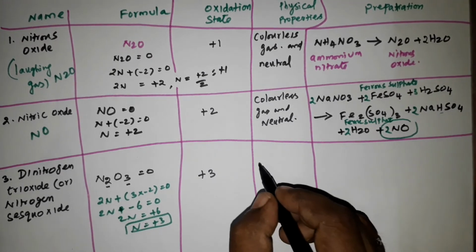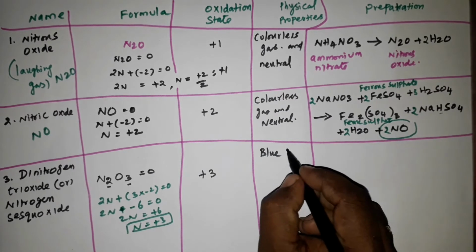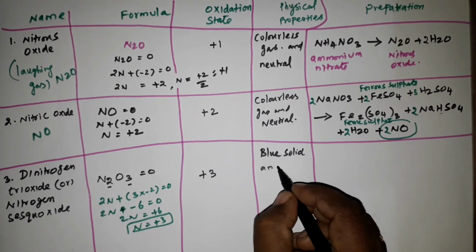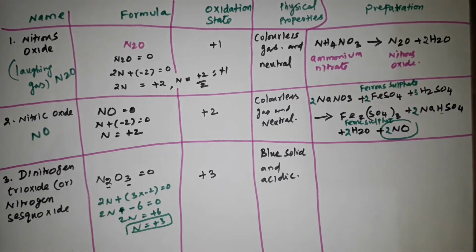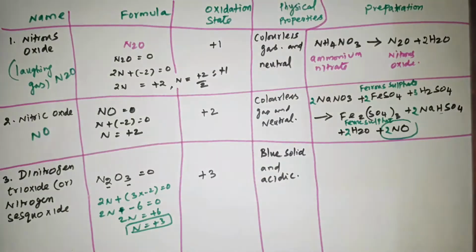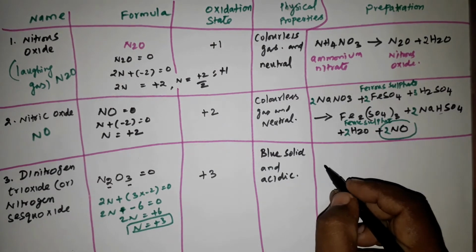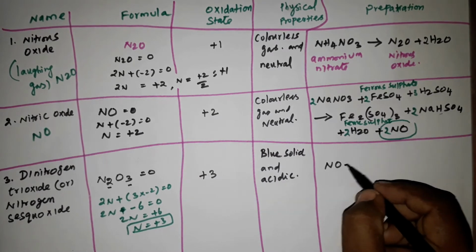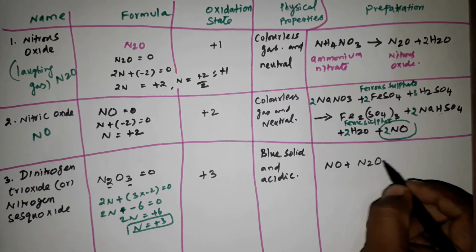Then physical properties: it is a blue solid, the color is blue, then solid, and it is acidic. Okay. The preparation: NO, that is nitric oxide, plus dinitrogen tetroxide, N2O4.